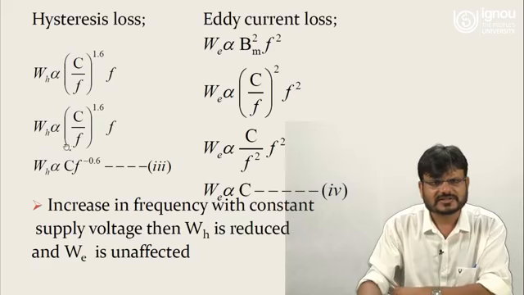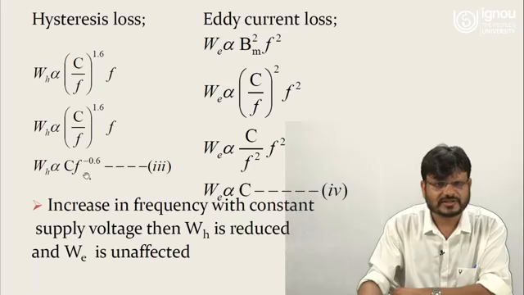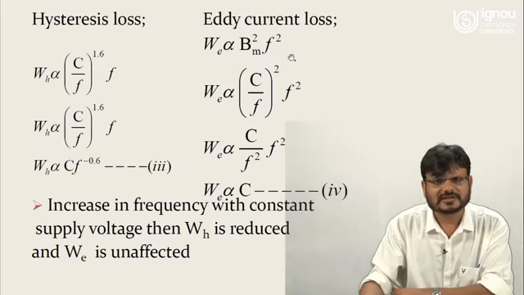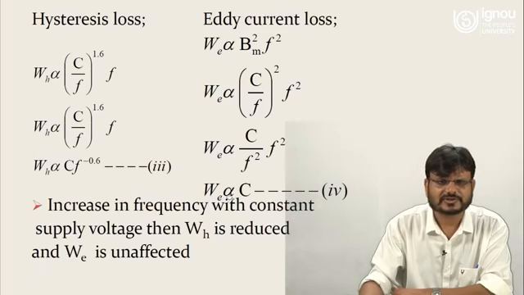So the hysteresis loss is directly proportional to some constant multiplied by the frequency to the power 0.6. Similarly, for the eddy current loss, the f square will be cancelled out, so the eddy current loss is directly proportional to a constant.